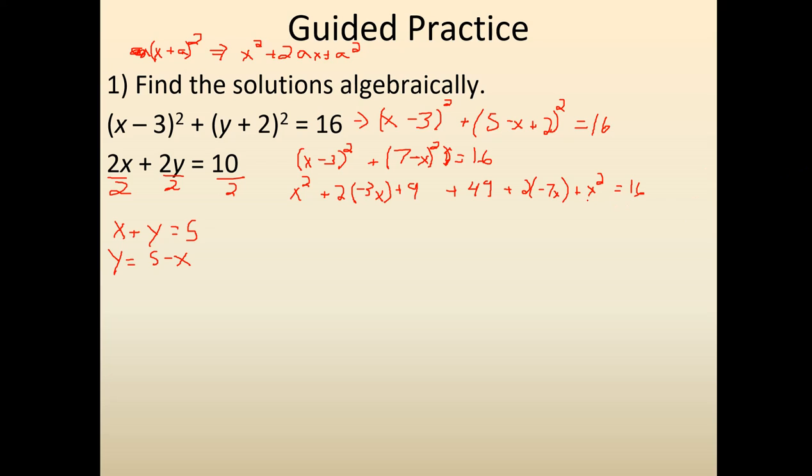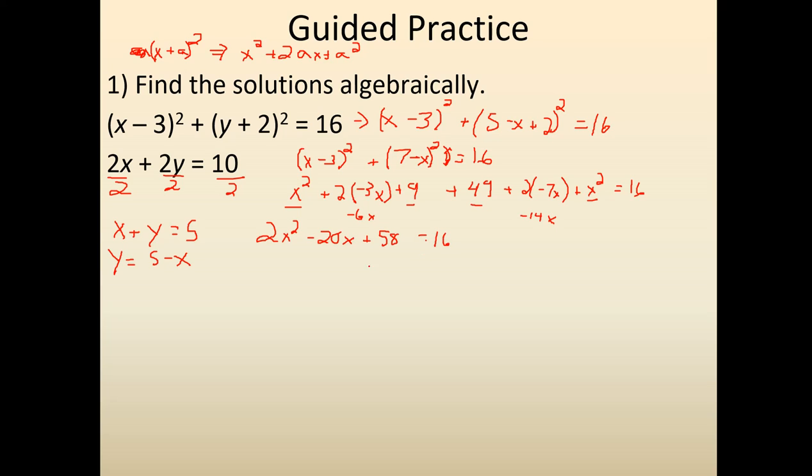Combining like terms, I have 1x squared and 1x squared, so I have 2x squared. This is negative 6x, and this is negative 14x, so this adds to negative 20x. And then I have a 9 and a 49, which will get me plus 58.